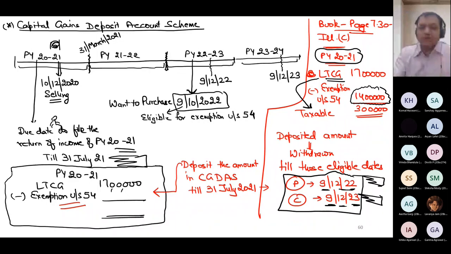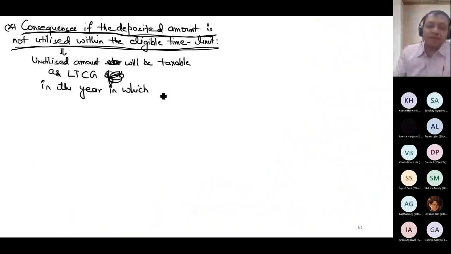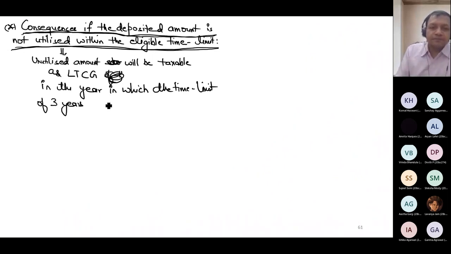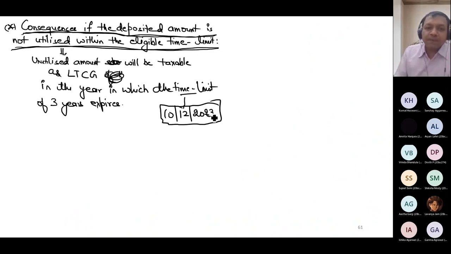So on 10th December 23, in the year in which the time limit of 3 years expires, in my example that date is 10th December 2023. This is the date on which the unutilized amount will become taxable.